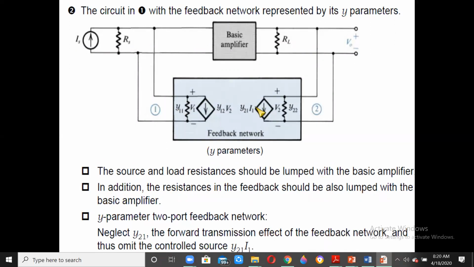Again, we have a Y21 V1 over here, and then this will be Y22. So thus we'll have a Y parameter model at this place.